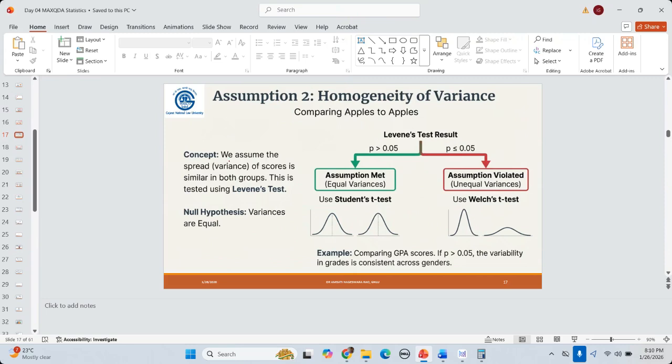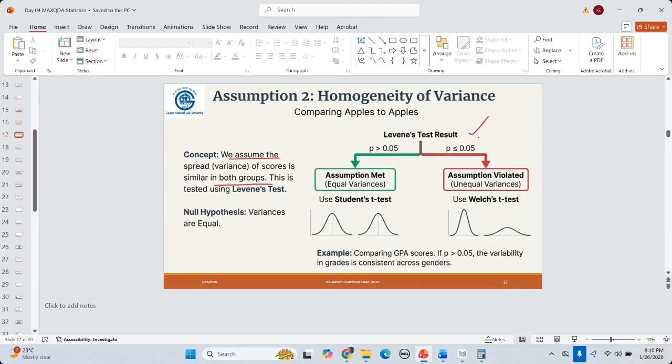We have the male score, we have the female score, right? But I'm assuming that for both groups there is no difference in variance in terms of their stress level. I'm assuming they have equal variance. Okay. Now I'm going to conduct Levene's test, that is the homogeneity of variance test, as part of the independent sample test.